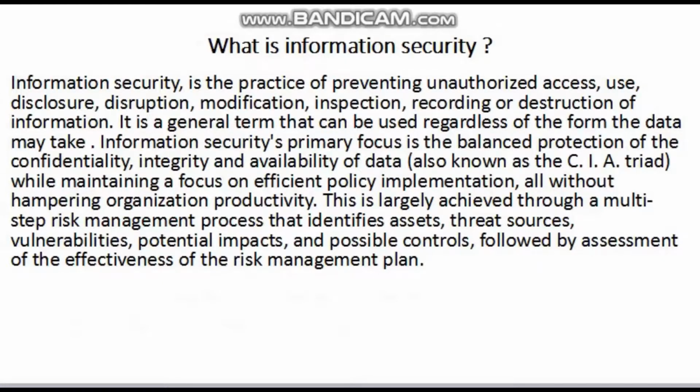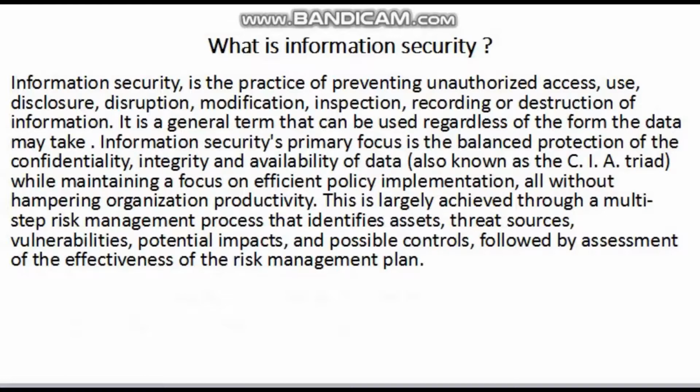Information security's primary focus is the balanced protection of confidentiality, integrity, and availability of data, also known as the CIA triad, while maintaining a focus on the policy implementation, all without hampering organization productivity.